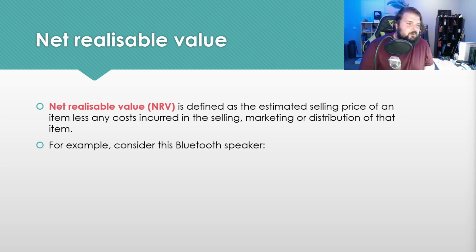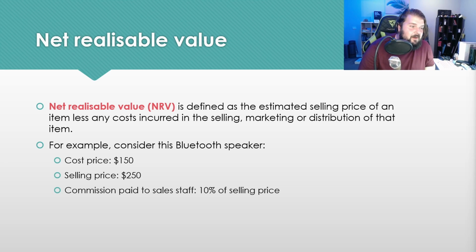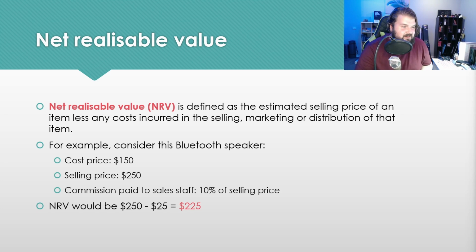But for now, let's look at a Bluetooth speaker. And let's say that the cost price of it is $150 and the selling price is $250. And we normally pay a commission to staff of 10%. So in this case, we can calculate our net realizable value as our selling price, $250, minus the commission that we pay, which equals $225. Now, obviously, this is well above the cost price.